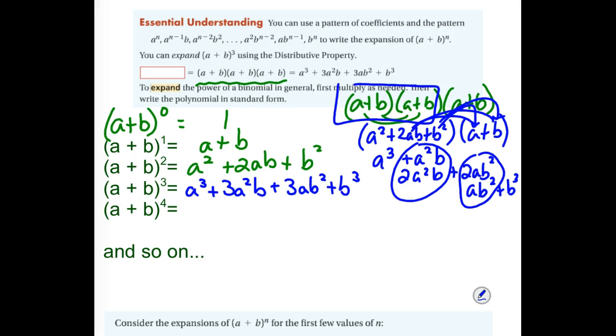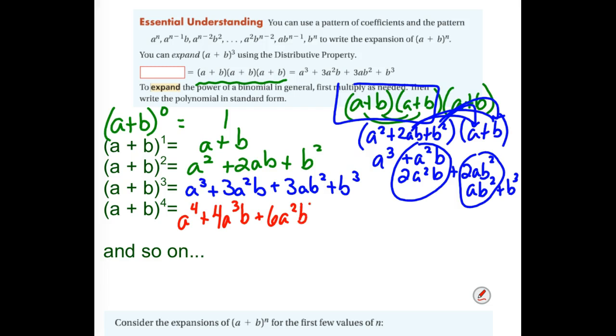So we do have a shortcut. I'm going to have you go ahead and put down the fourth one here. We'd have a to the fourth plus 4a cubed b plus 6a squared b squared plus 4ab cubed plus b to the fourth.